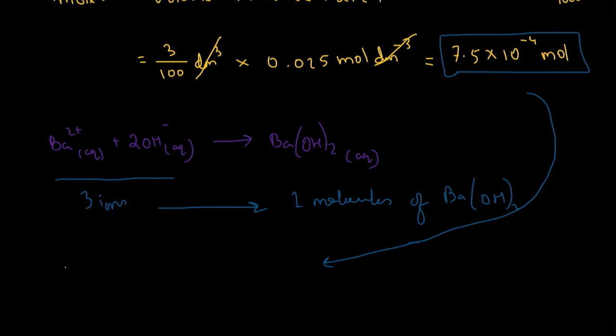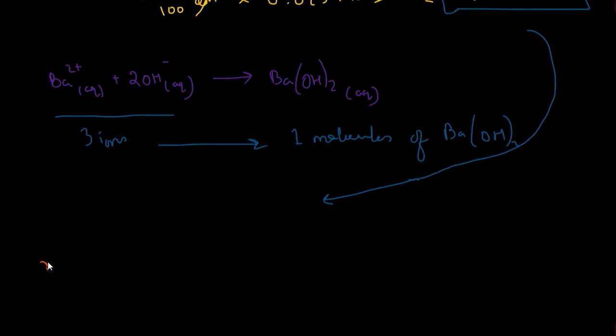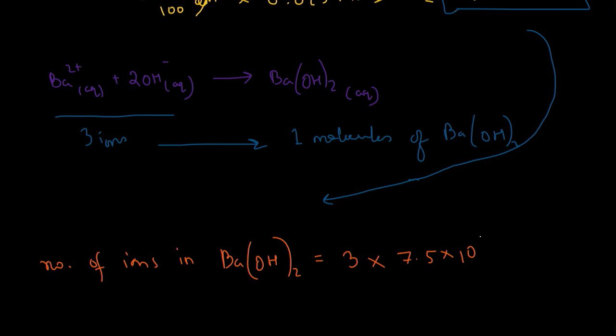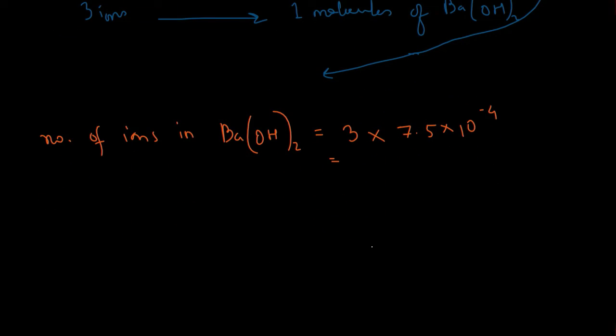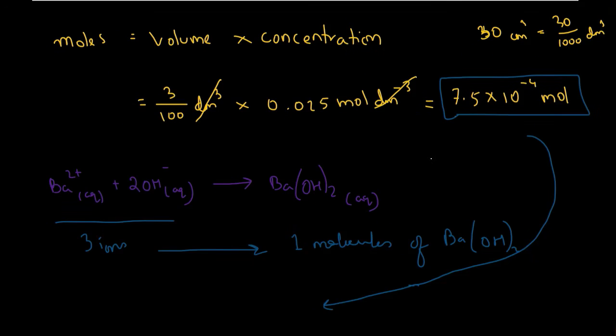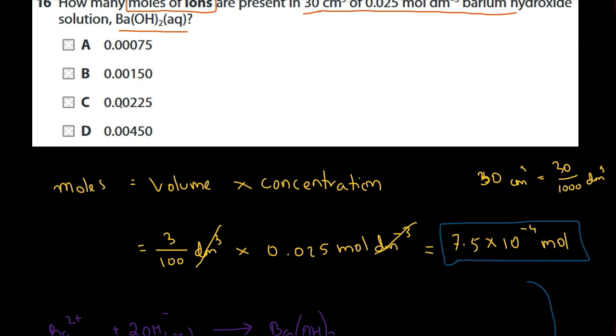The number of moles of ions in barium hydroxide is going to be 3 times 7.5 times 10 to the power minus 4, which is 2.25 times 10 to the power minus 3, which is basically answer choice C. So this is the correct answer.